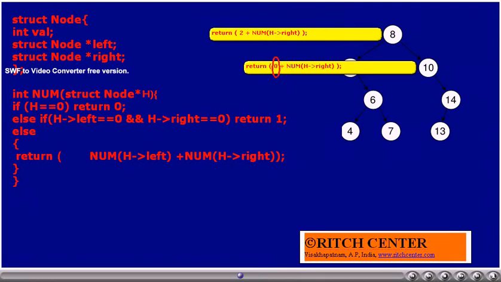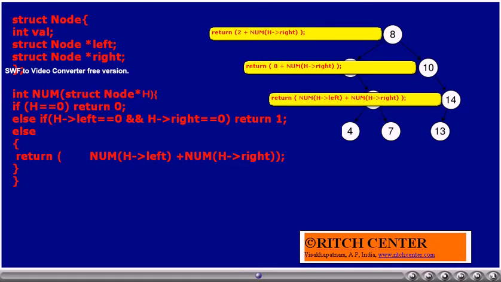For the node whose value is 10, there is no left subtree, so it returns simply 0. Again the function num is recursively called. This time we will be sending the address of the node 14, which is the right subtree of the node 10.